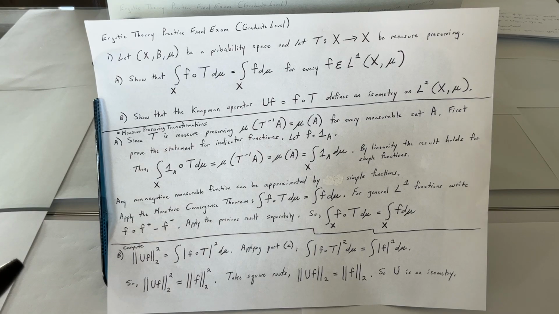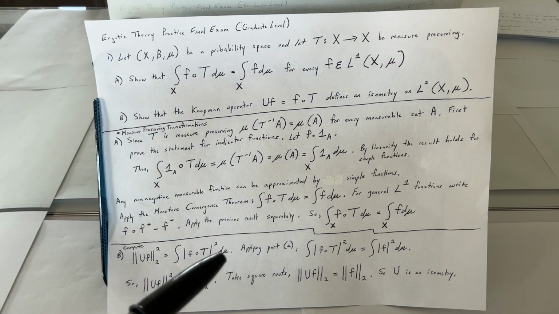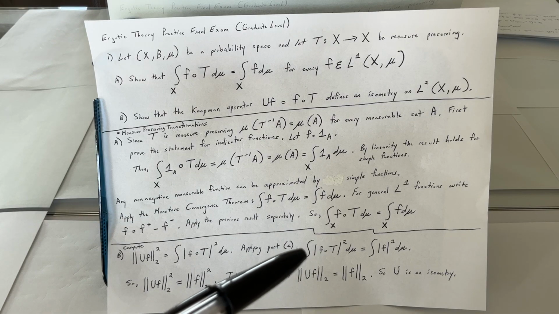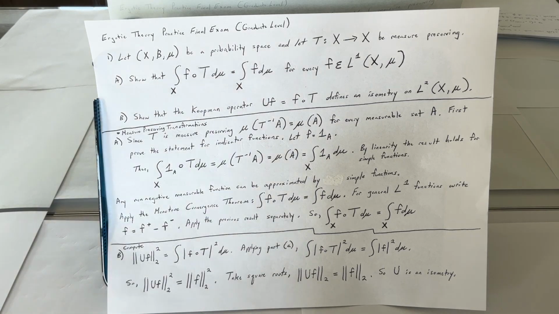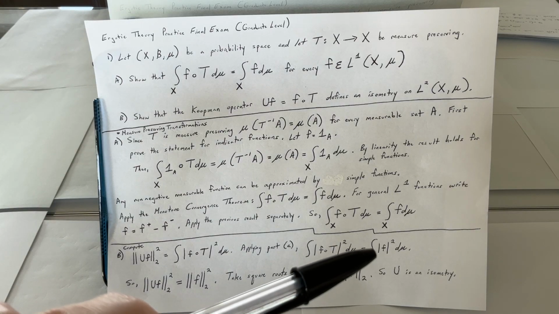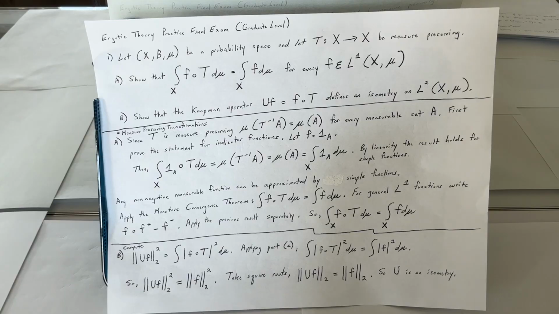That norm of Uf in L2 squared equals the integral of the absolute value of f composed with T squared d mu, and then applying information from part A, this equals the integral of the absolute value of f squared d mu.